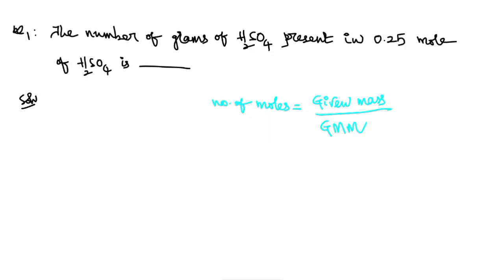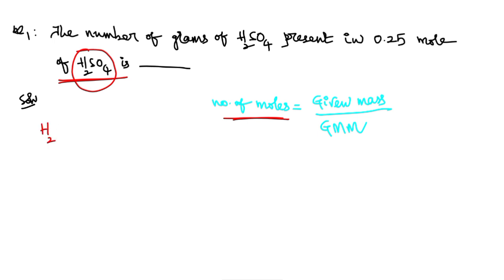This is the question given here. The number of grams of H2SO4 present in 0.25 mole of H2SO4. So here you have a formula. Number of moles is equal to given mass by GMM. First of all, you have to find out the gram molecular mass of H2SO4.